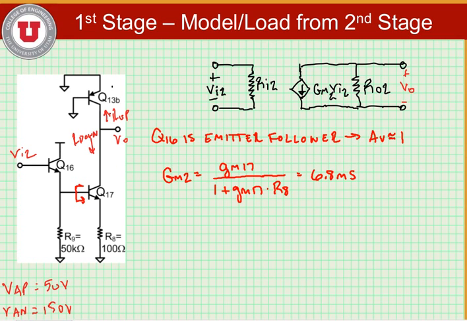Now, to find the output resistance, we need to find R up and R down, and they will be in parallel. R down is equal to ro17 times (1 plus gm17 times R8).